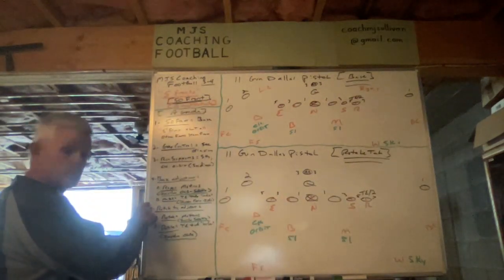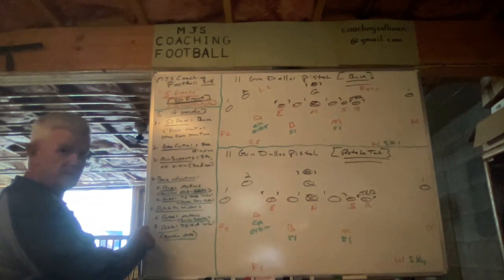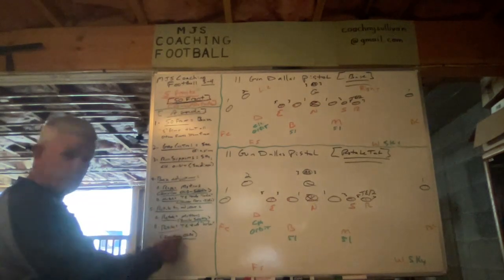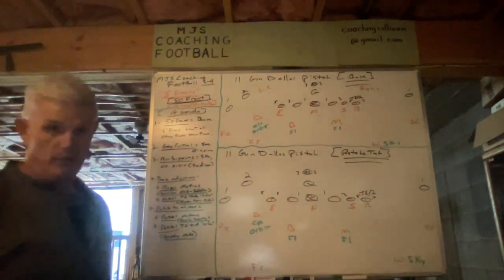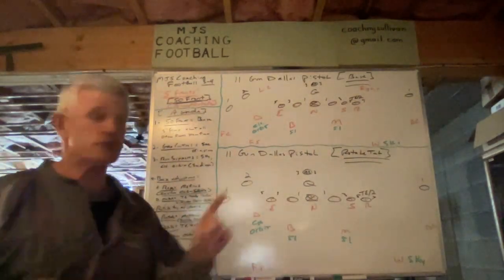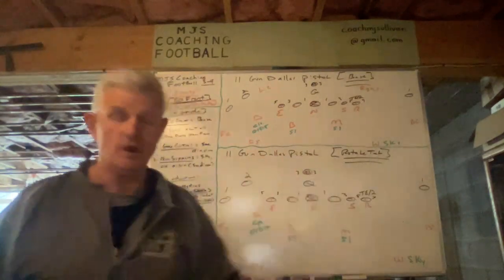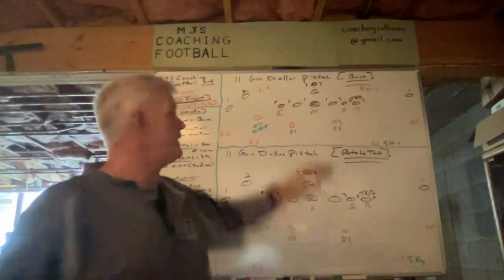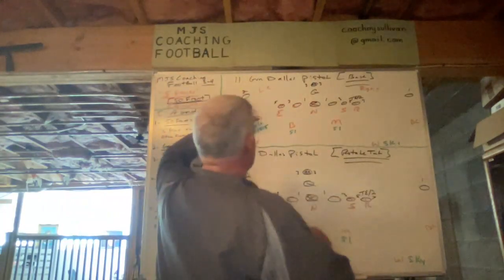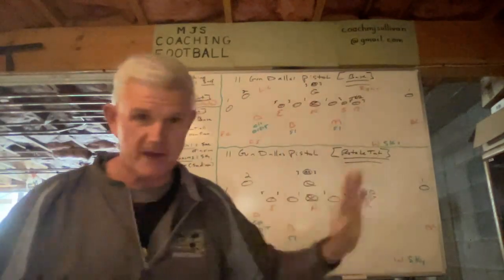When I talk about the rotate tag adjustment next, I'll go through this. But the first thing I'm going to do is show you the rope. Now, I'm not going to show you every possible motion. I'm going to show you one motion, but understand if this number 2 motions or that number 1 motions, the rope concept remains the same.